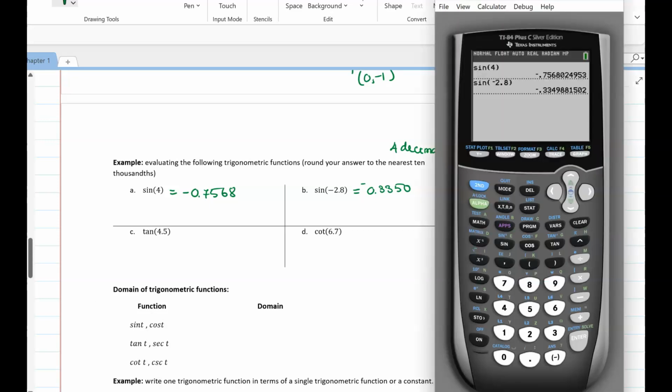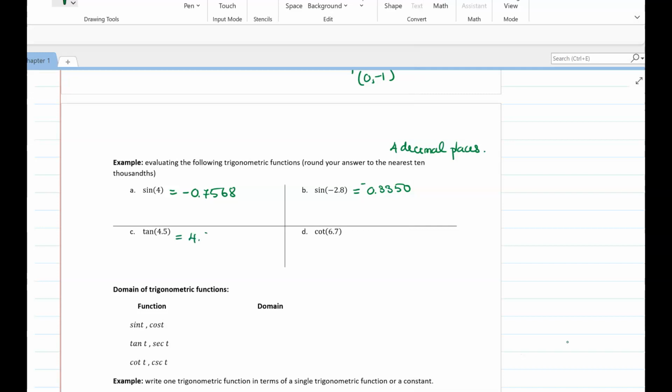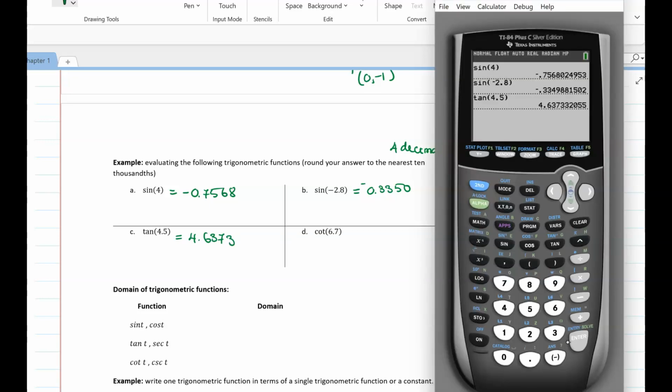Tangent of 4.5 is 4.6373. Cotangent of 6.7. Well, if you look at the calculator, we have the button for sine, cosine, and tangent, but we don't have the button for cotangent.